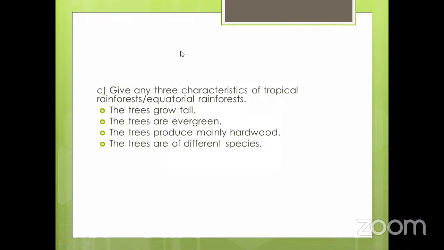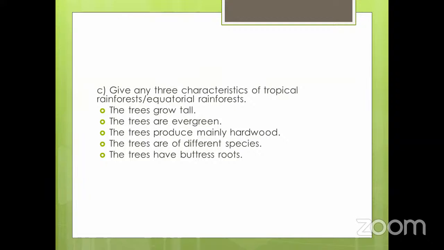The trees grow tall. The trees are evergreen. The trees produce mainly hardwood. The trees are of different species. The trees have buttress roots. Can you read again? The trees grow tall. The trees are evergreen.